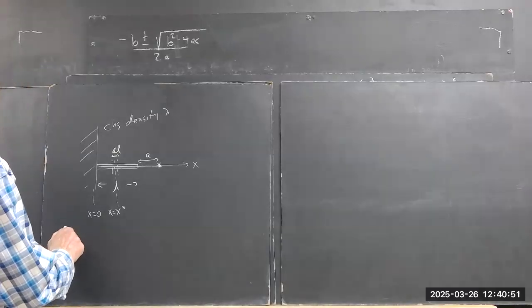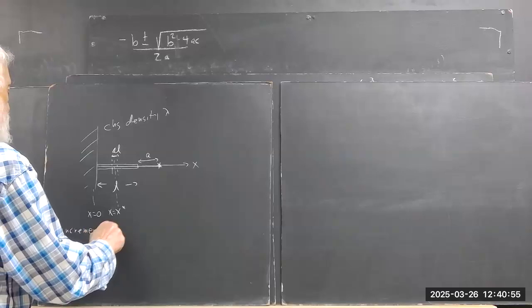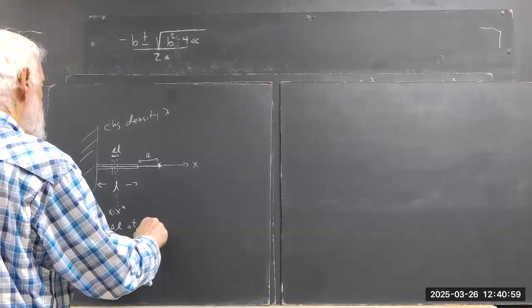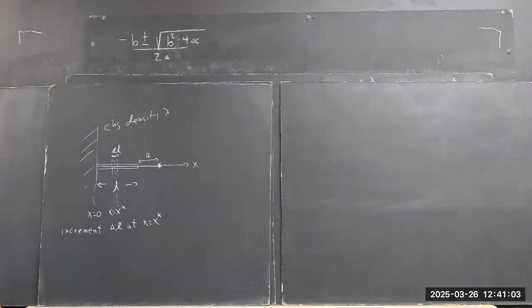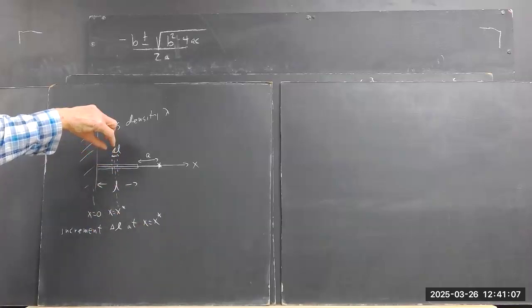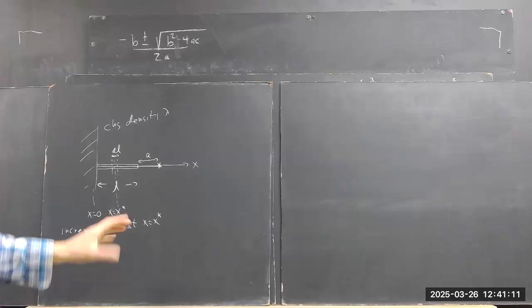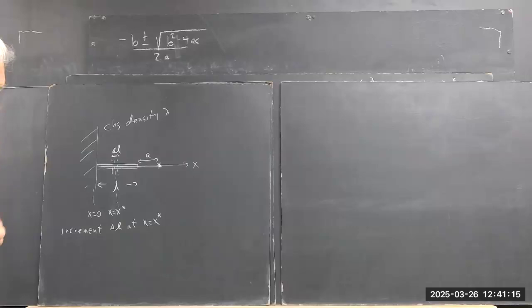So when I say at x equals x star, I mean where x star is some x coordinate within the interval. Okay, so I'm abusing language a little bit by saying at x equals x star.